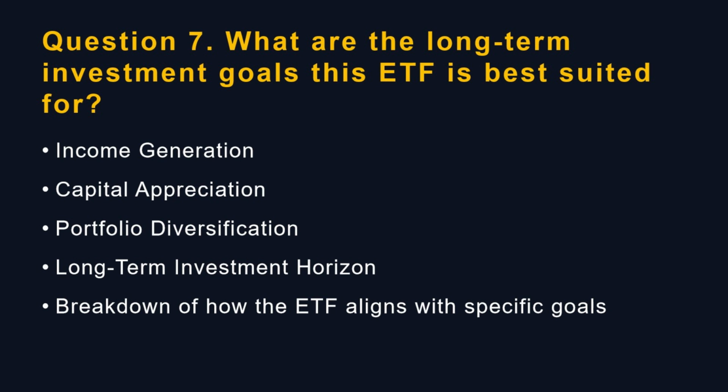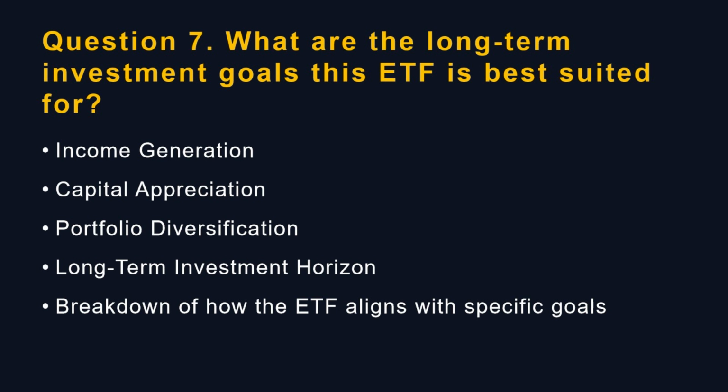Income generation. The ETF offers exposure to a broad basket of income-producing bonds, generating regular coupon payments. These payments can be distributed to investors as dividends or reinvested within the fund for potential long-term growth.